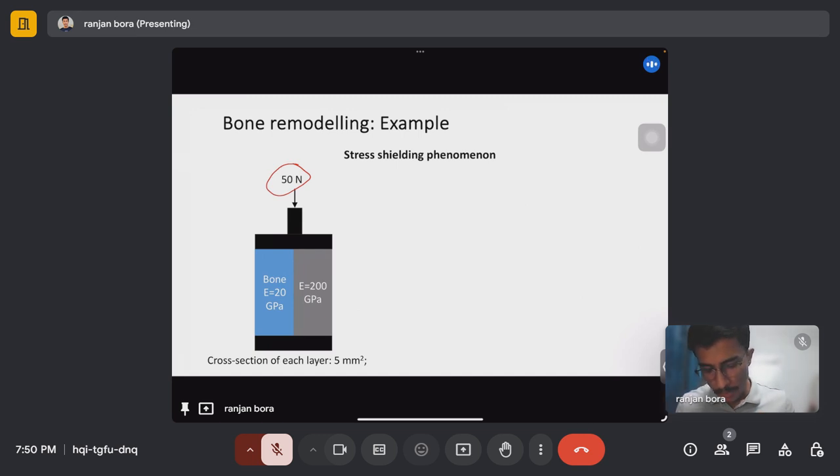So after applying the force, the deformation will be equal for both the bone and implant in this condition. If we assume the deformation is delta, this delta will be the same: delta bone will be equal to delta implant.